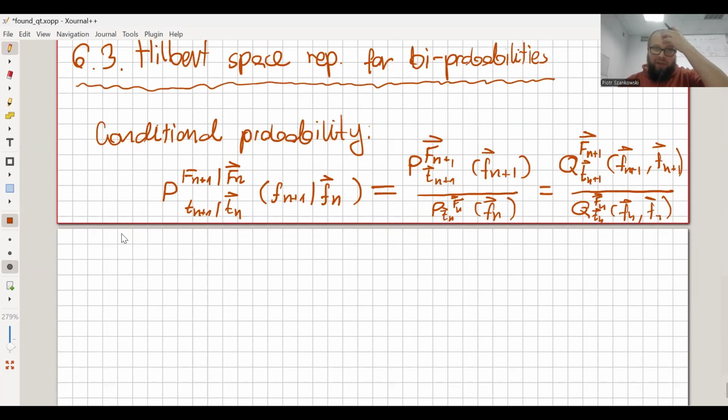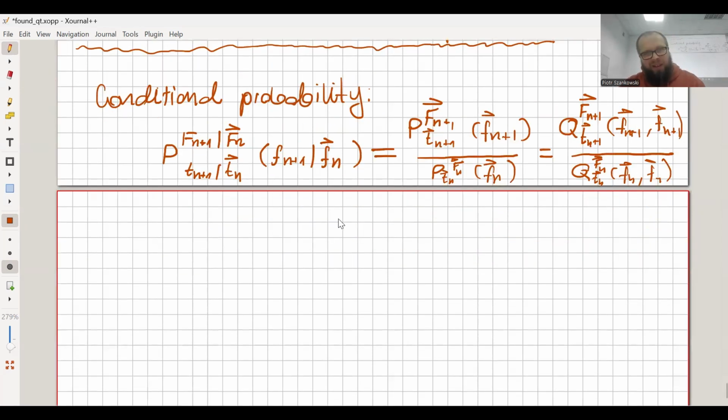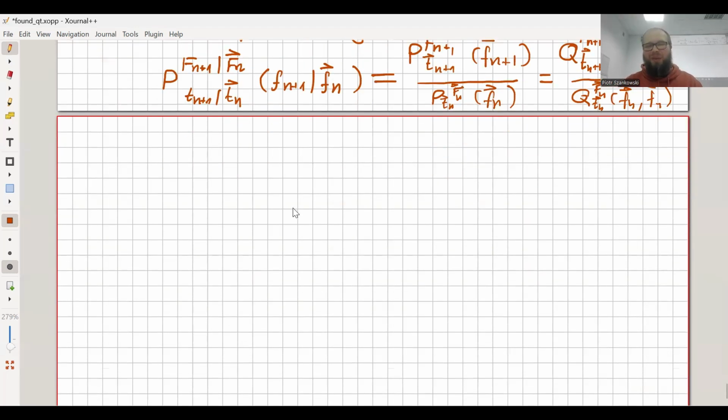Formally, this conditional probability is an N1 single time bi-probability. So we are essentially taking n time bi-probabilities and molding them into the scenario we had previously. So we can use our previous result to go forward.